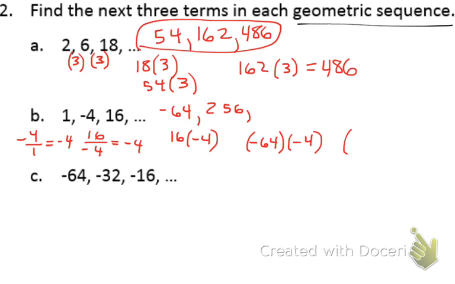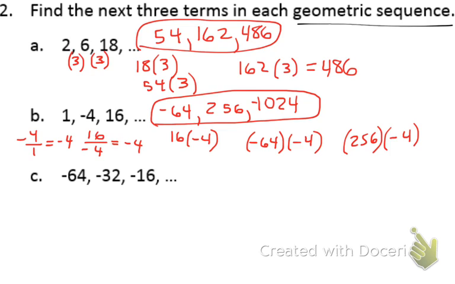And then do 256 times negative 4. You get negative 1024. Now notice when your common ratio is negative, you're going to see alternating signs. We started with a positive, then a negative, then a positive, then a negative, and so on.